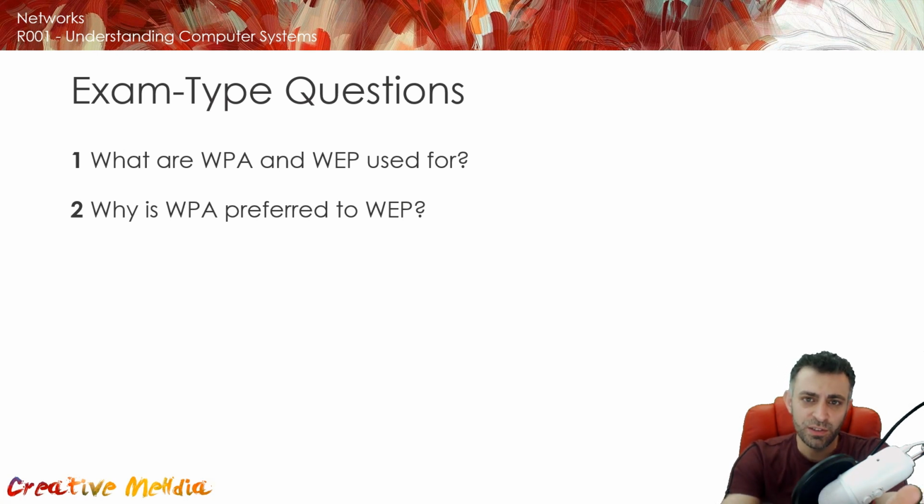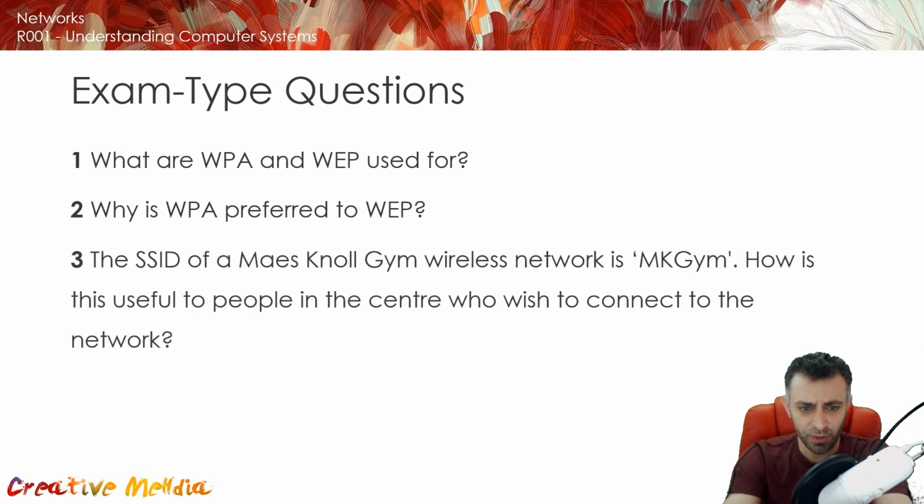It is a more enhanced security protocol compared to the original version that came out in 1999, and WPA uses a better encryption protocol in comparison to WEP, because WEP uses TKIP and WPA uses both TKIP and AES.